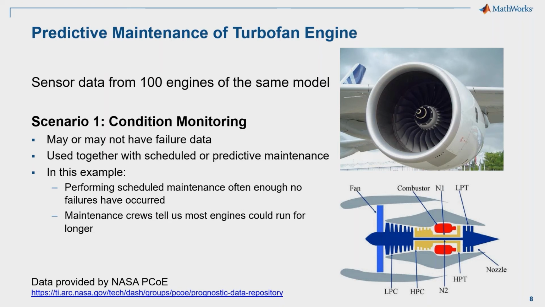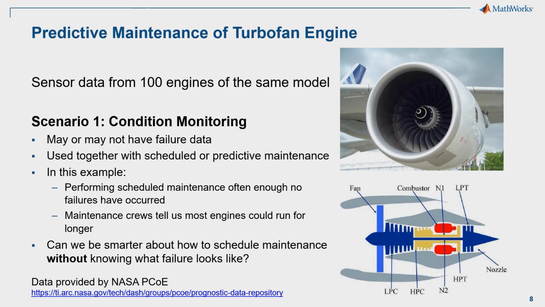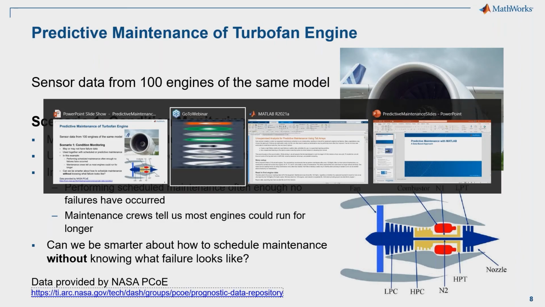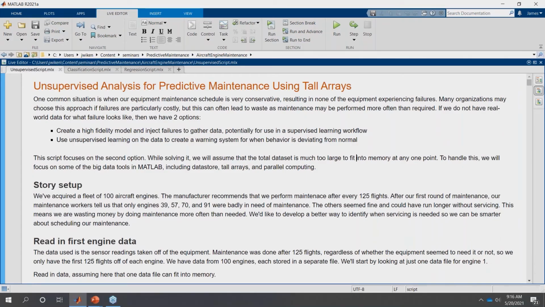We do have some information that the maintenance crews can give us to tell us which engines could have ran for longer or which ones really need to be ran for maintenance when they were. So we can use that insight to help justify the models that we're making. All right, so can we use this data, even though it doesn't include failure information, to be smarter about how we schedule the maintenance? Okay, so let's hop into MATLAB and we'll start solving this particular problem.